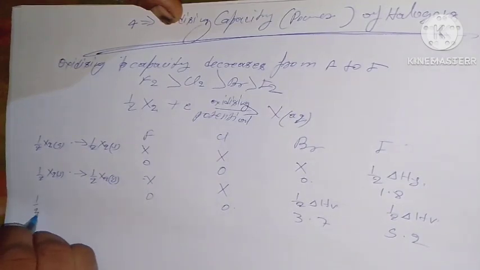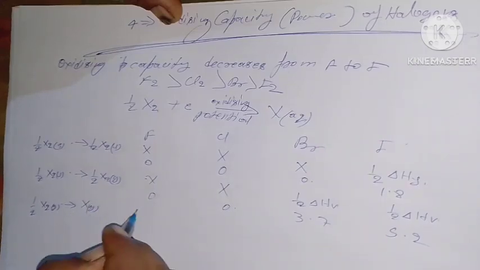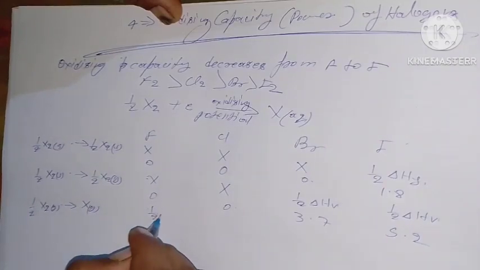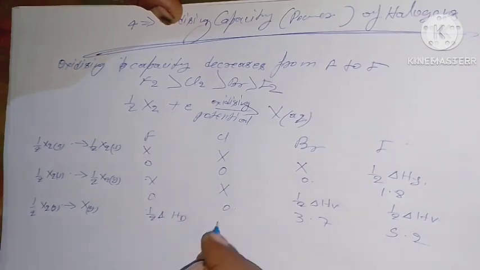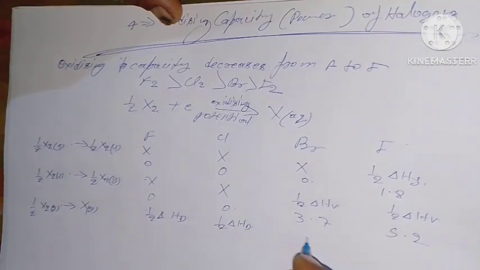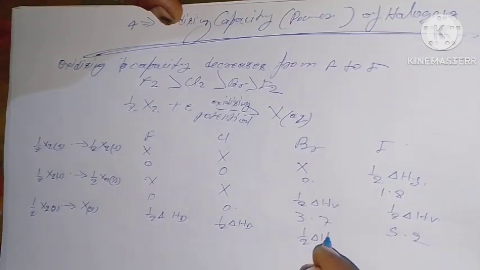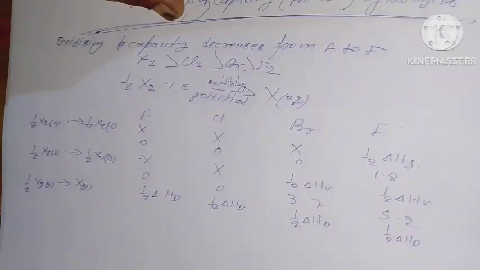Then half halogen gas is converted to X gas, with half delta HD.